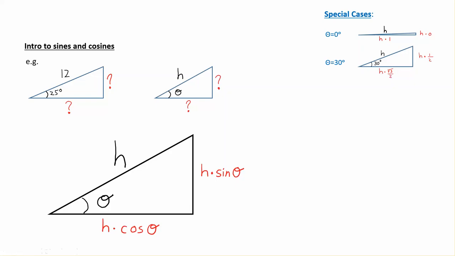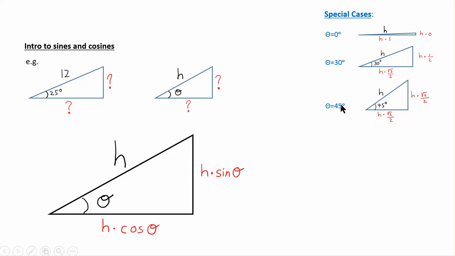That's just a fact that we may or may not remember regarding special triangles, a 30, 60, 90 triangle. But if you do remember that, then if you compare this with this, you can see that cosine of 30 degrees must equal square root of 3/2, and likewise sine of 30 degrees must equal 1/2.